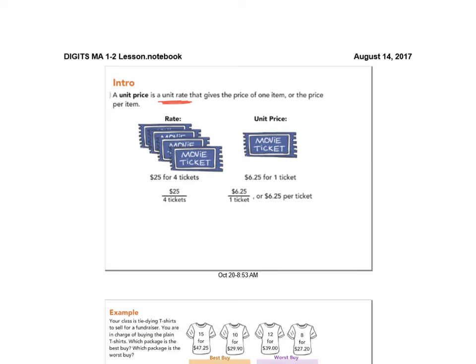So your one item, that's going to be your denominator. And I'm just going to shorten that. And your price is always going to be in your numerator. Your denominator is your bottom, and your numerator is the top of the fraction.